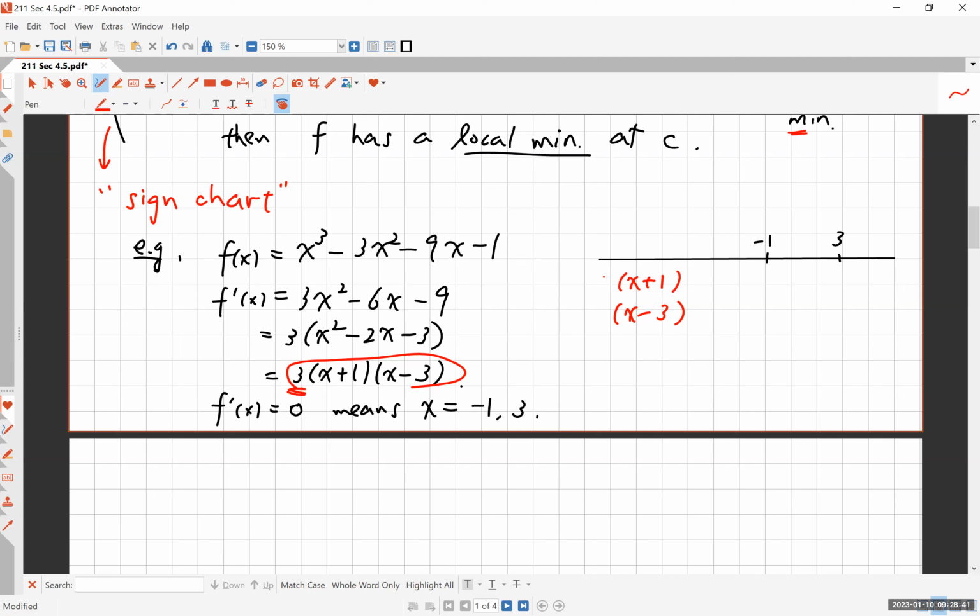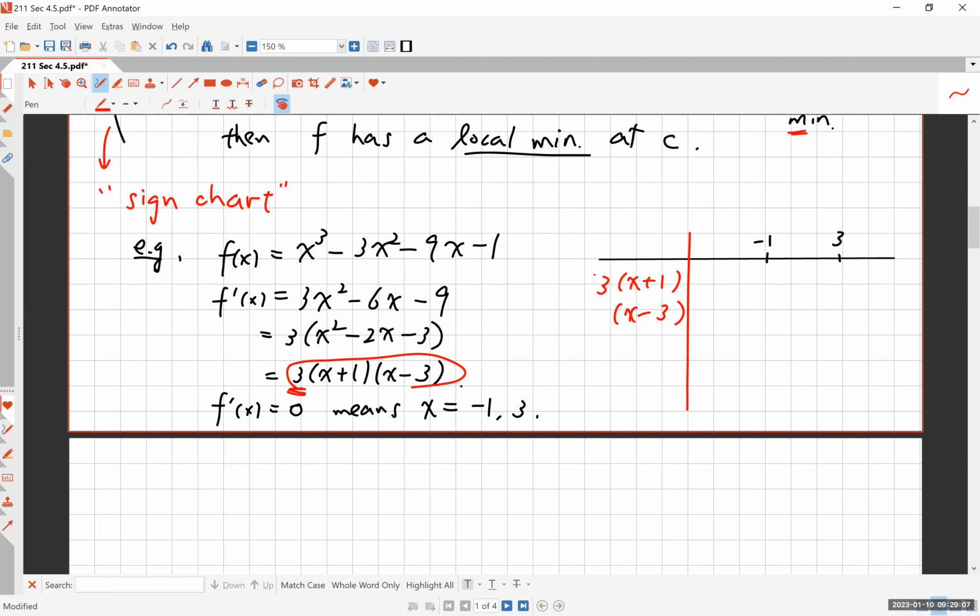But since we want to make this complete, I guess we can just go ahead and write this. So the derivative is going to be the first row times the second row, okay? Let's draw that. And then, let's make it nice. Okay, now for each interval, we are going to consider the sign of each of these factors.